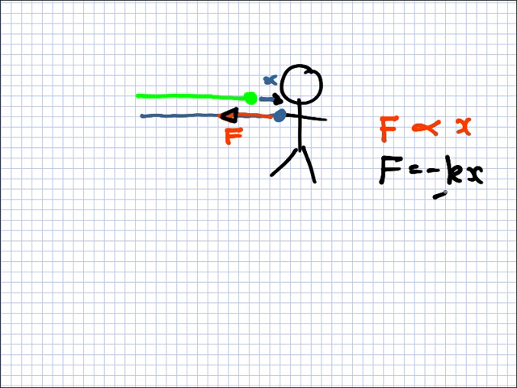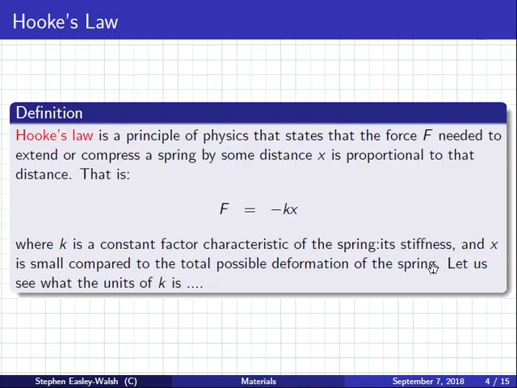Now, who can tell me what the units of k would be? What would be the units for k? Newton per meter. Correct. So the units for the k is Newton per meter. Now this k is a constant.